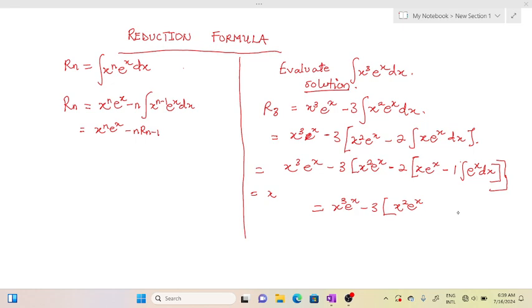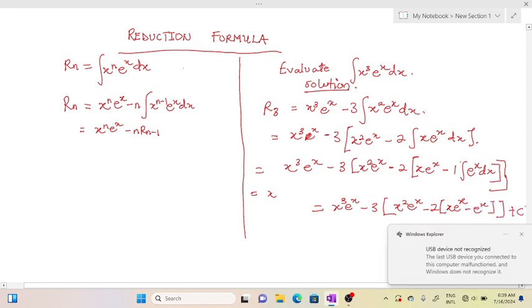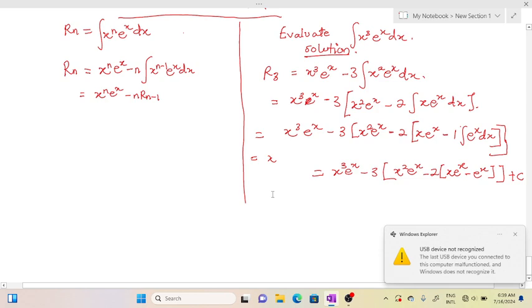So 2 also multiplying x e to the power x. Then here, remember the integral of e to the power x is the same as e to the power x. So minus e to the power x. Everything will be plus c because you're doing an indefinite integral.